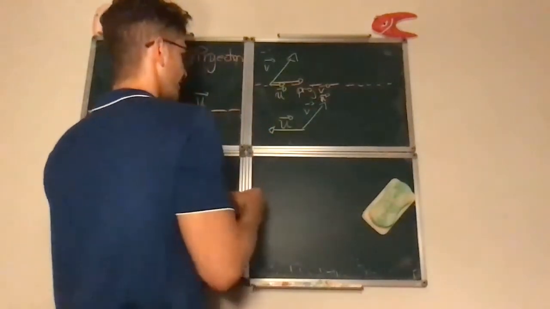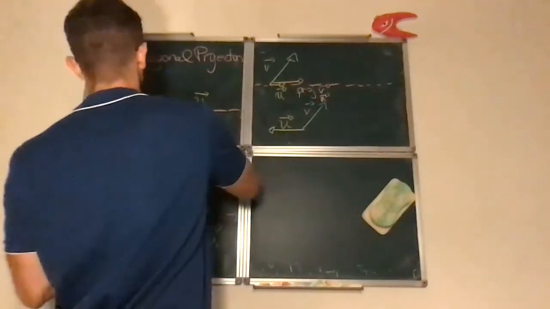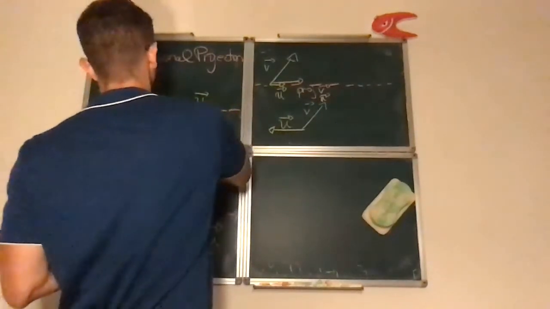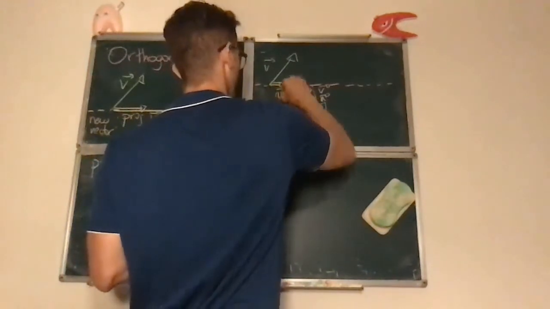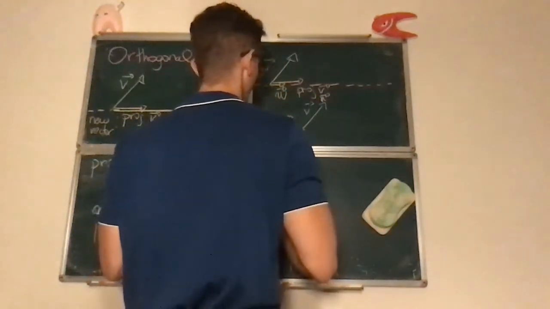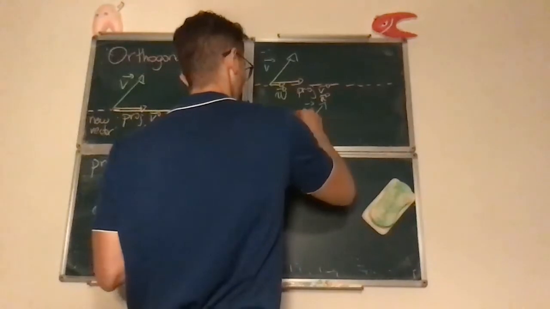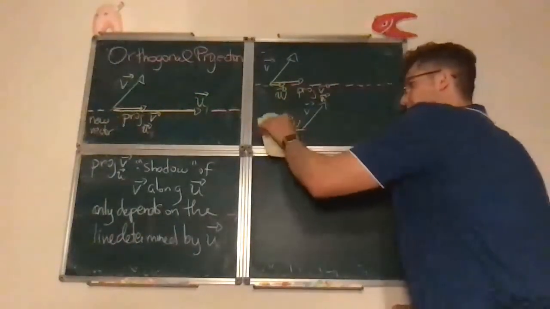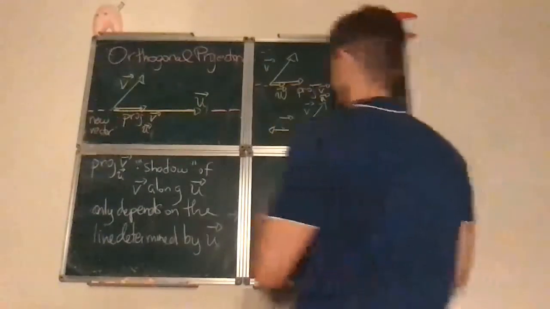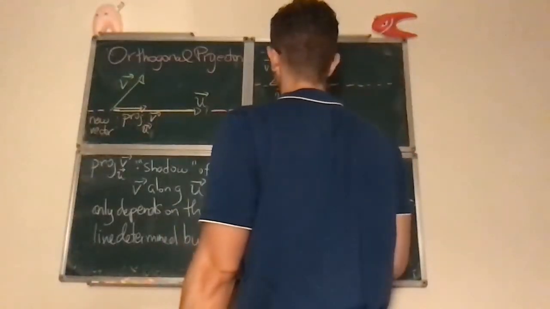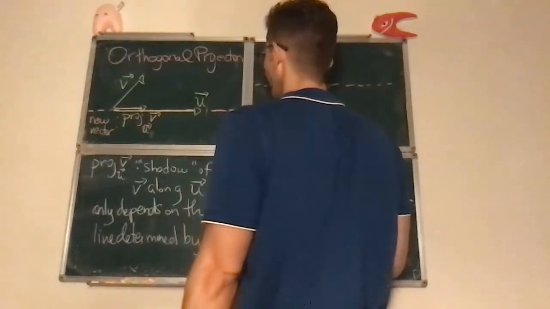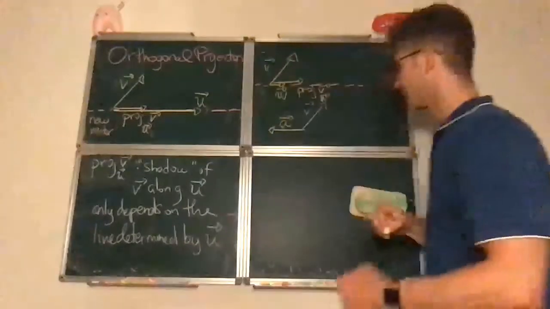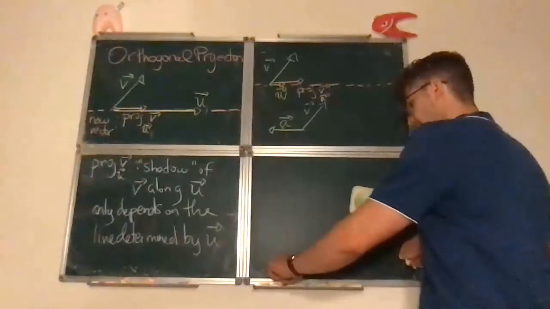Let's go back to u, v, w, a. Let's go back to the beginning of the alphabet.